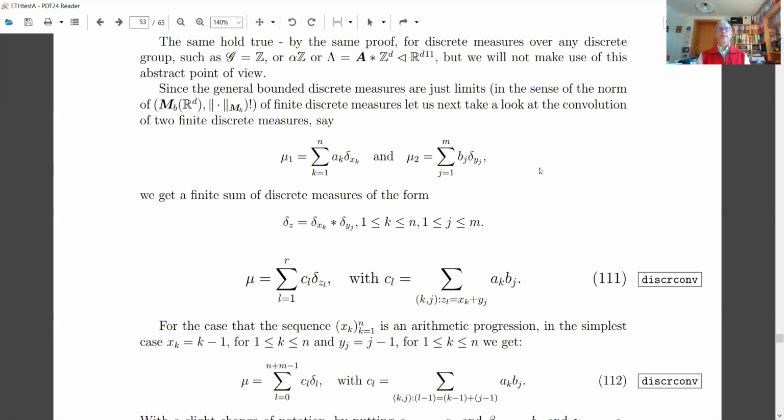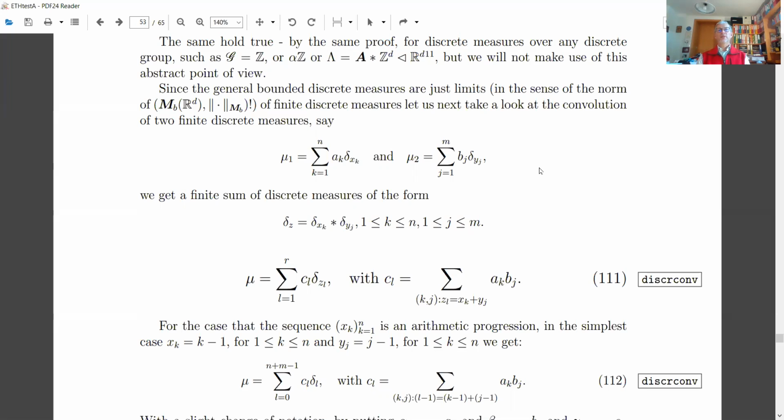Now, if you make such a list, you can ask, which are the coefficients? And then you make a big list. You sort things, typically quite a few of these values which are allowed to appear arise in different ways. So x1 plus y3 might be the same as x3 plus y1.